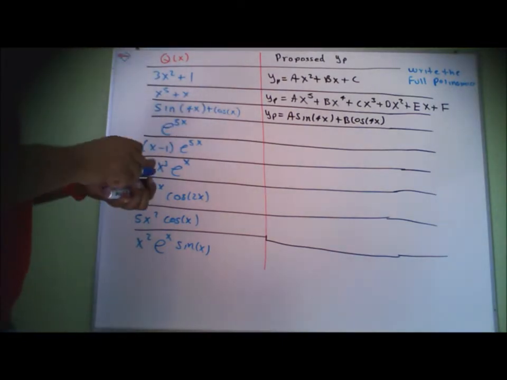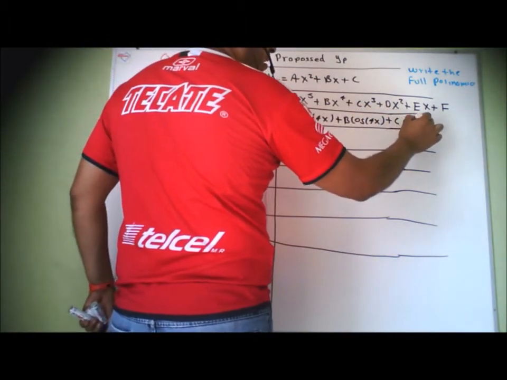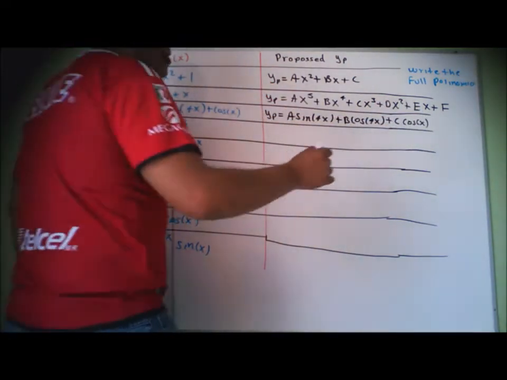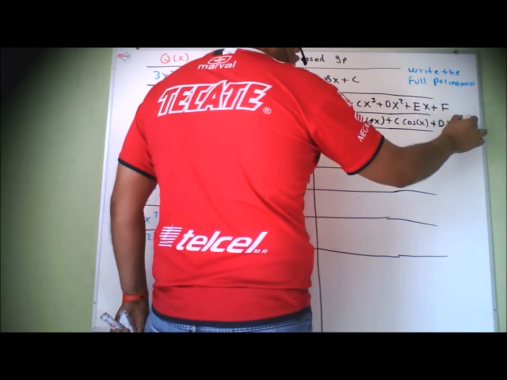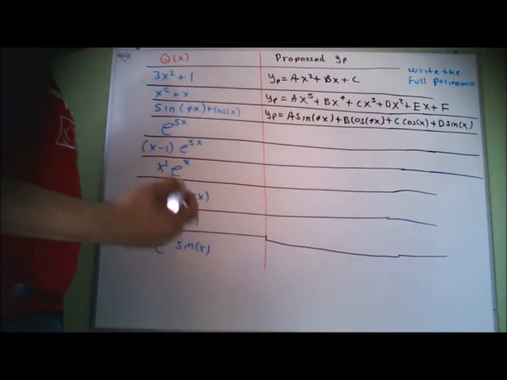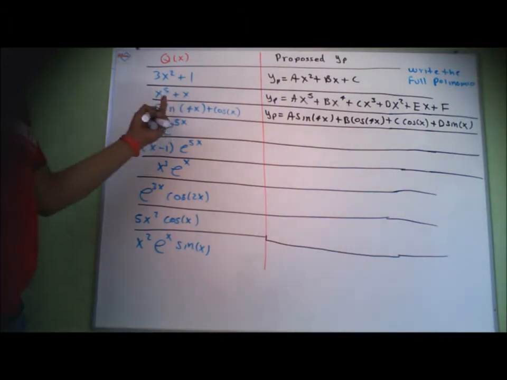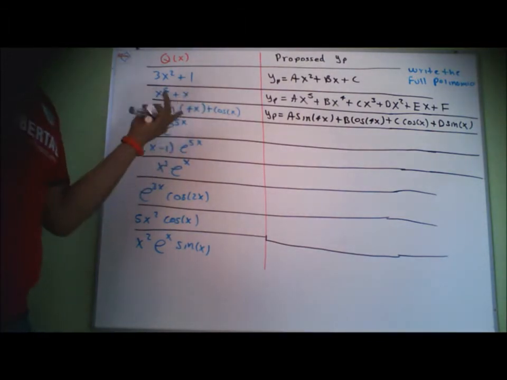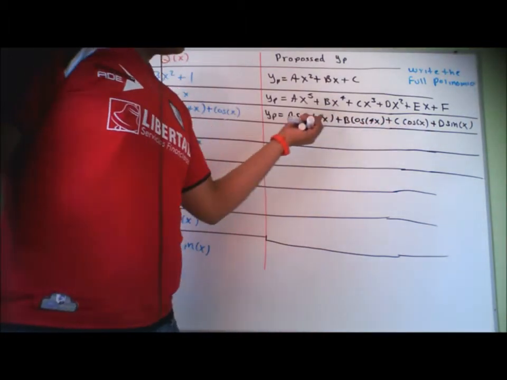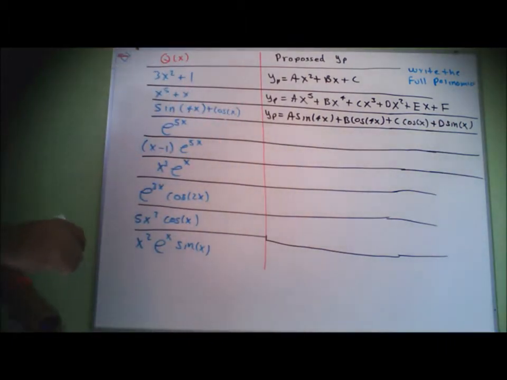The particular solution should be plus C cosine of x, and then, because you have the cosine, you have to also write the sine, plus D sine of x. Whenever you have the cosine, you have to write both, and whenever you have the sine, you have to write both. These sines and cosines are different because they have different arguments, so they are treated differently. Each one of them has both the sine and the cosine. So that is the example for that.